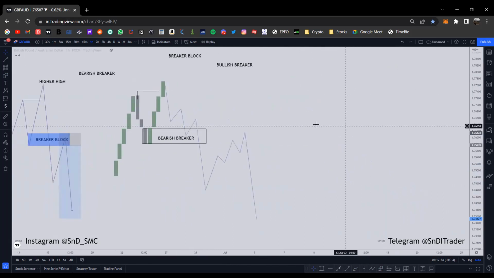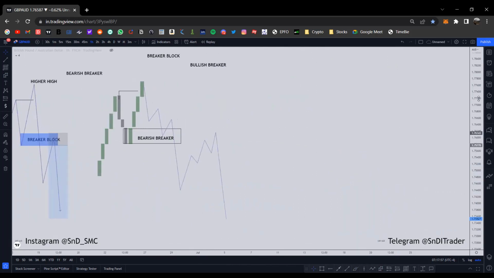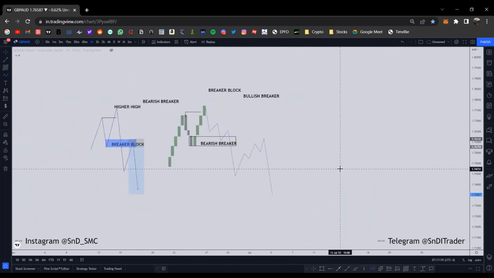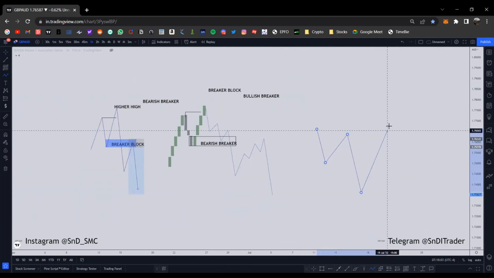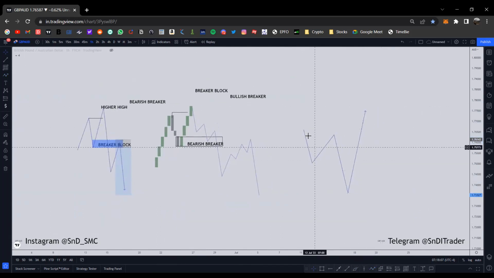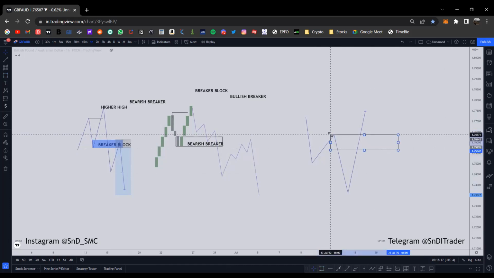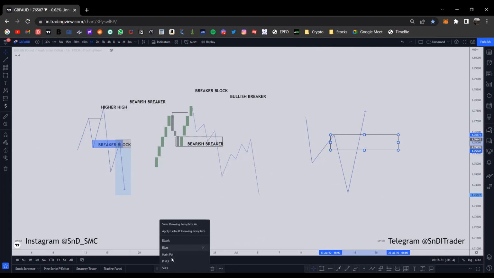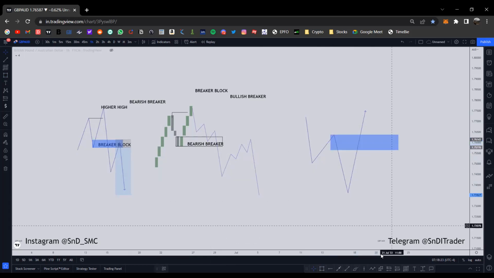Same thing you see for bullish breaker. Price might make a lower low, lower high, lower low, and higher high. Okay, so if price comes back again here, this lower high failed bearish order block can be seen as a breaker block.